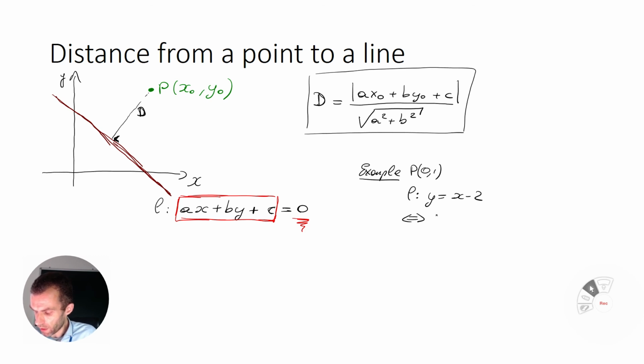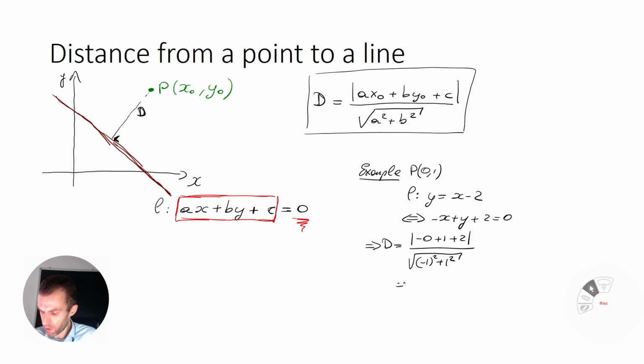So we can write that as minus x plus y plus 2 is equal to 0, and therefore the distance becomes the absolute value of, you substitute 0 for x, so minus 0 plus 1 plus 2, and then the square root of minus 1 squared plus 1 squared, and if you work all of that out, you should get 3 divided by square root of 2.